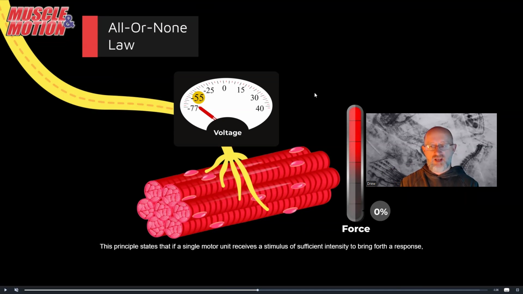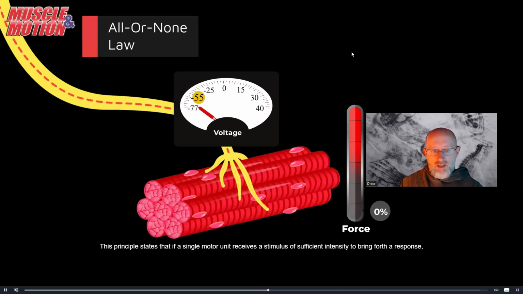So you need a certain level of charge or voltage before you can activate or turn on the muscle. When you hear terms like muscle activation drills, that's what they're referring to. Is there enough power or voltage to meet the threshold where it's going to signal the muscle to contract?